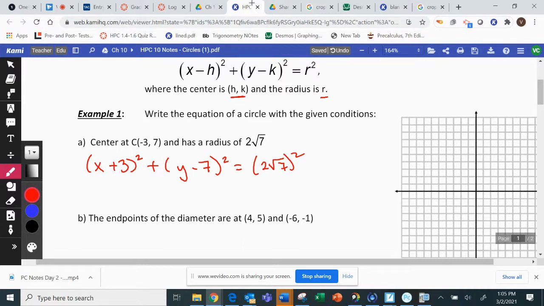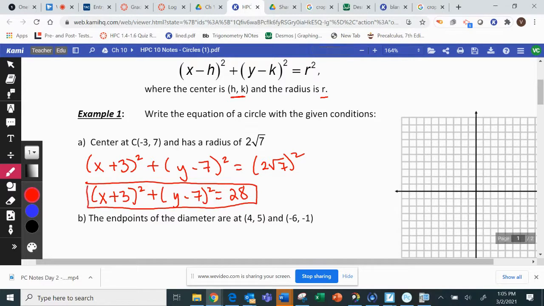Since the h was negative, it became positive. And I'll just simplify. And 28. All right, just writing the equation of a circle from some given information.